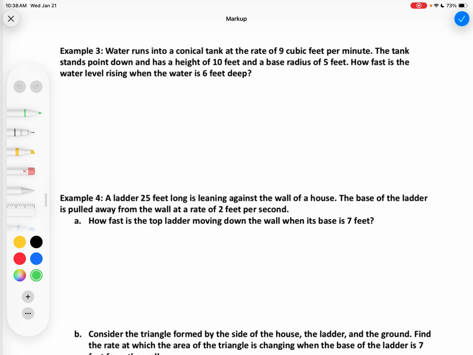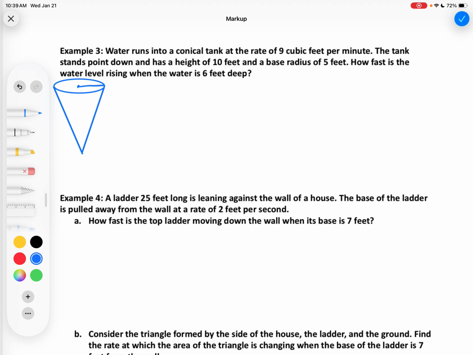So, I'm going to start out with a little picture here of a tank. It's crooked. Basically, an ice cream cone. Something like that. They tell me that it has a radius of 5 feet. Now it says base radius, but obviously this is upside down, so that's really this value up here.